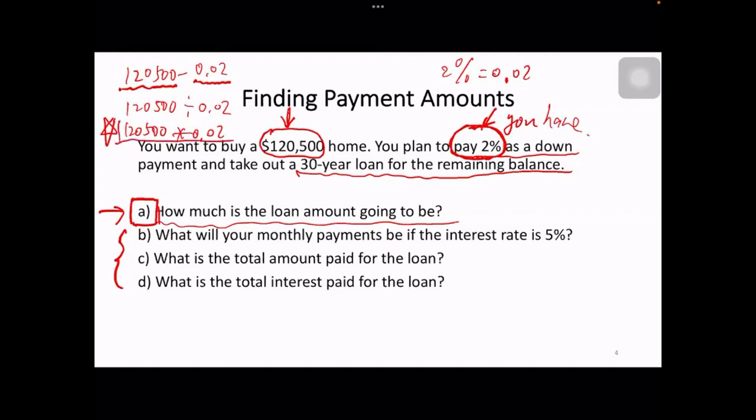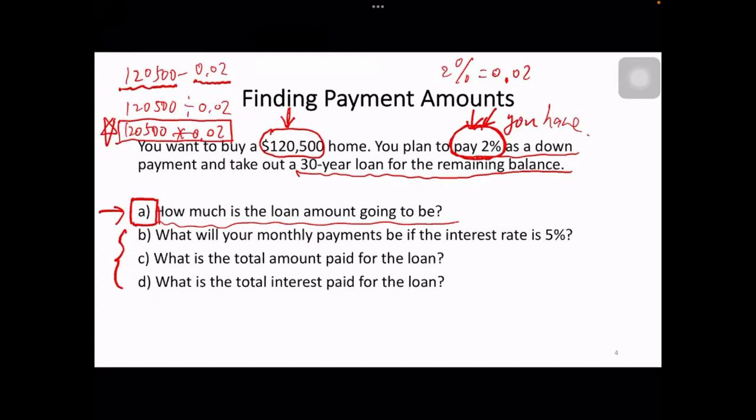Okay, so you can take 2 steps to find the loan amount. First step, like Josh said, we use the house value, which is 120,500, multiplied by 2% in order to get how much money you have, which is what you want to pay as the down payment.